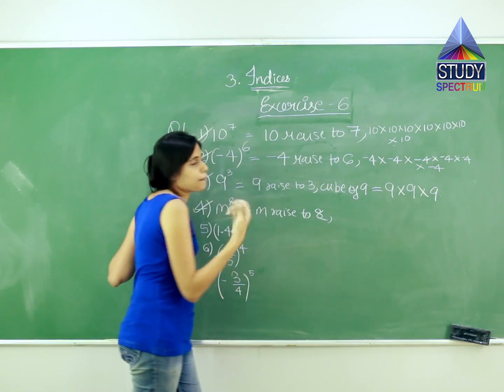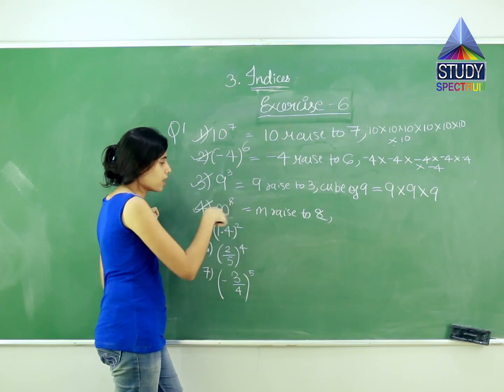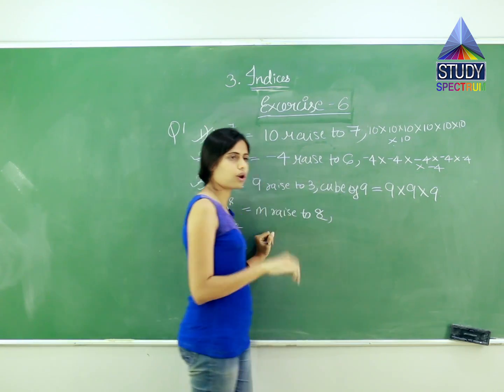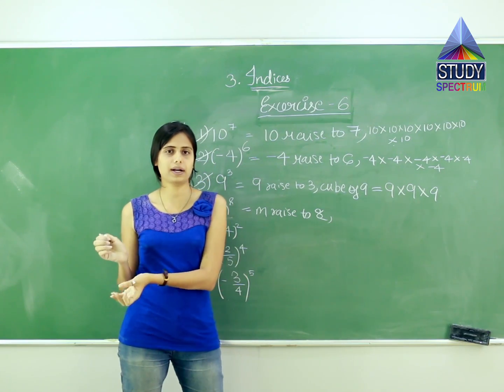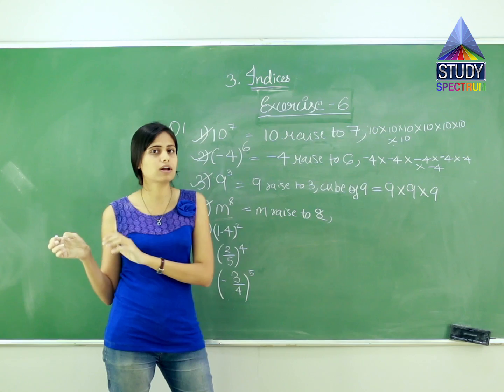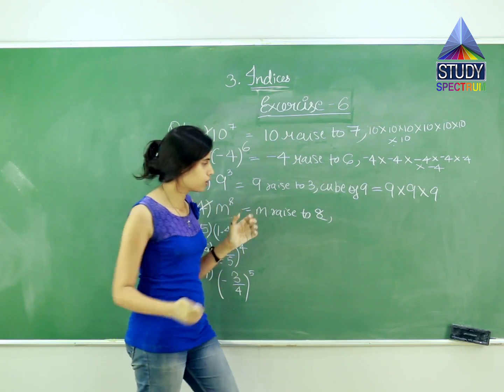Then what is the product form of this? M 8 times. Over here what we were doing? Same, similarly. Forget that m is an alphabet from ABCD. You just have to think that m is one of the numbers and you have to write the same. So what we will do?